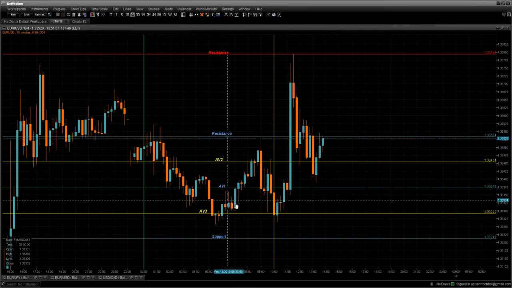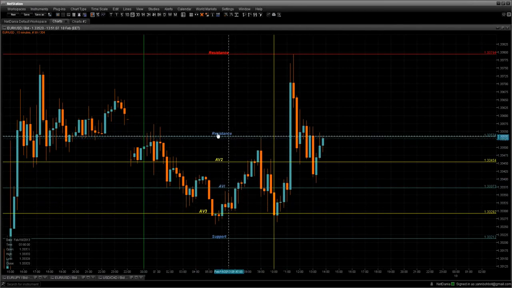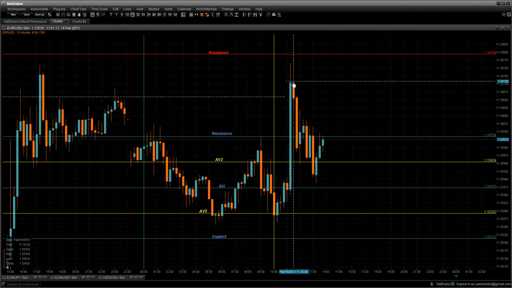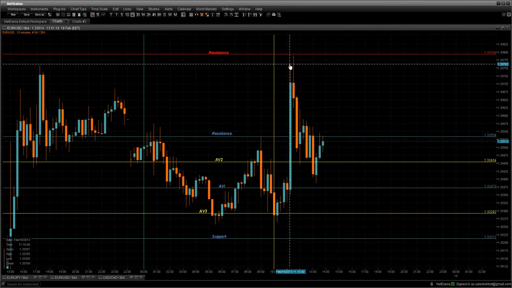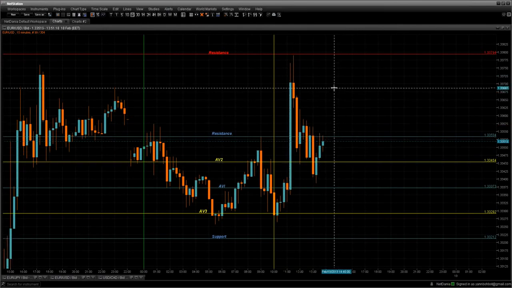Now, here, as you can see, my resistance, okay, it broke the resistance, and I'm going back, and I'm going on long. Okay. And then it went back down and then went back up. You can decide, I said from 30 to 50 pips of difference.